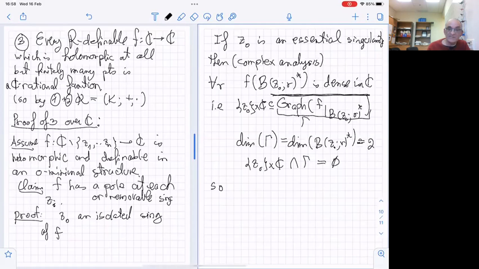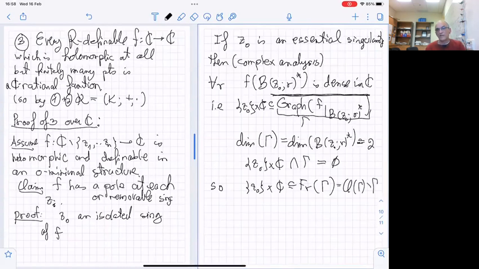So if it's in the closure but disjoint from the set, it means that the whole fiber is contained in the frontier of gamma. Remember, I think I saw that, which means the closure of gamma minus gamma. I saw that Garrett spoke about this.